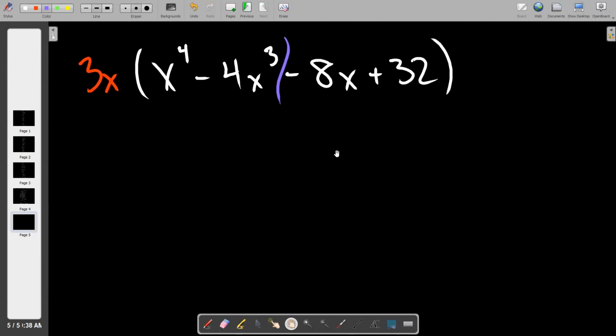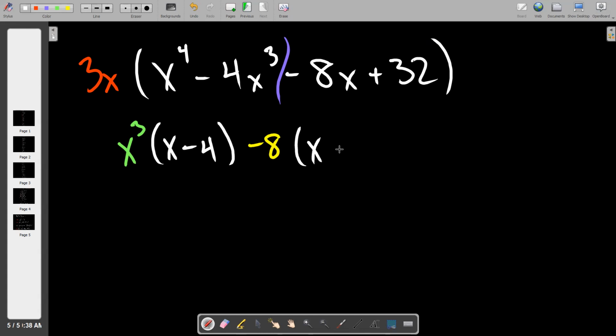I tried to derail us 5 minutes ago when I screwed up the GCF, but we're back on track. Here we go. So the GCF of the left half of this purple wall is going to be x to the 3rd, and that's going to leave behind x minus 4. And then the GCF on the right side is going to be a negative 8, make sure you copy that down, and that's going to leave behind an x sign changed 4.